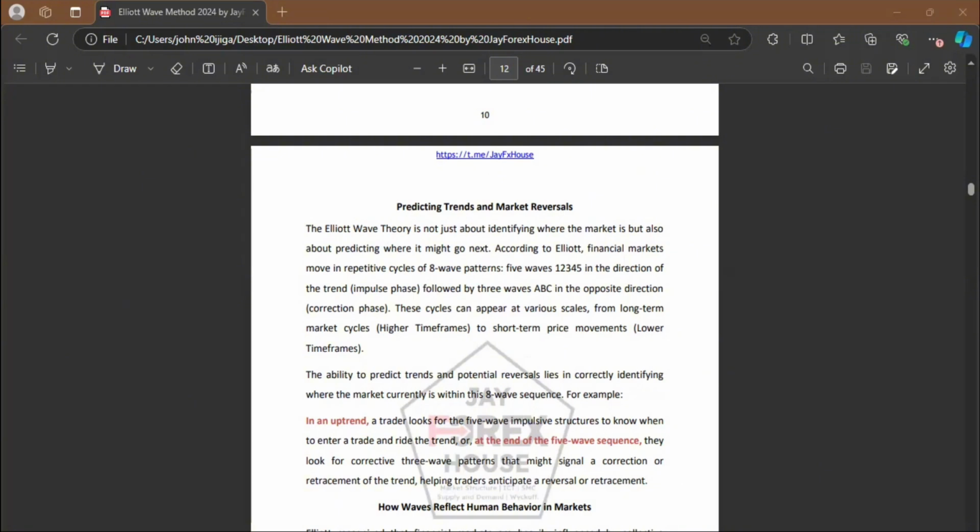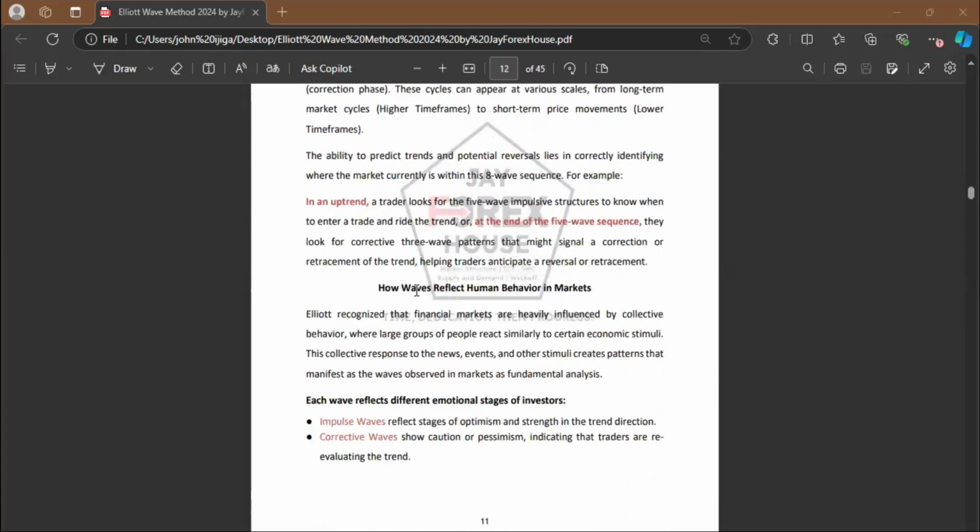So you can pause the video and read all of this so you can understand what we are doing, or you can go get the ebook yourself and do your own research. Below you see how wave reflects human behavior in the market. This is basically the topic of chapter 2. These chapters are made to make you understand Elliott wave better, give you an insight into how Elliott wave works, and help you follow up with your studies on trading.